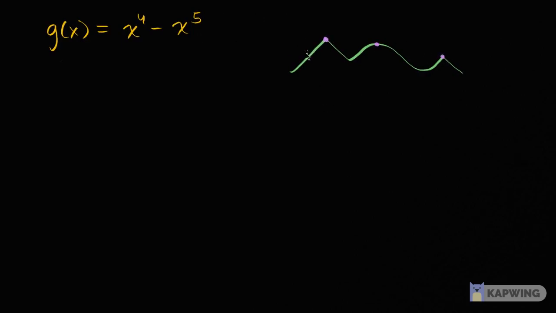And what's in common? Well, the function is going from increasing to decreasing at each of those points. Or you could say that the first derivative is going from positive to negative. If you look at this interval right over here, g prime is greater than 0.